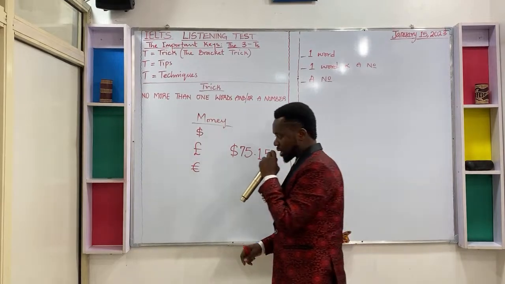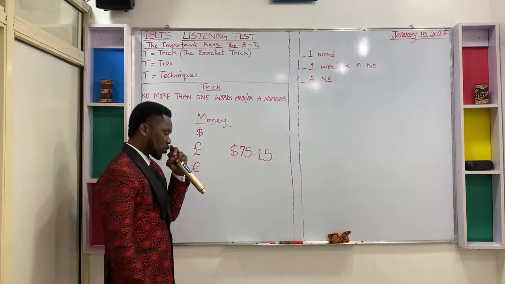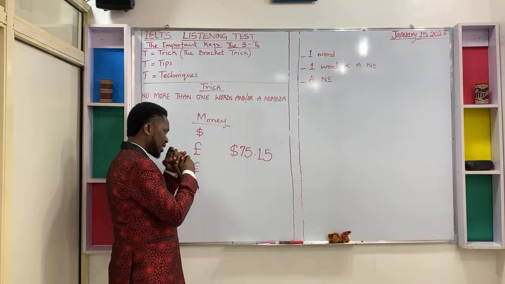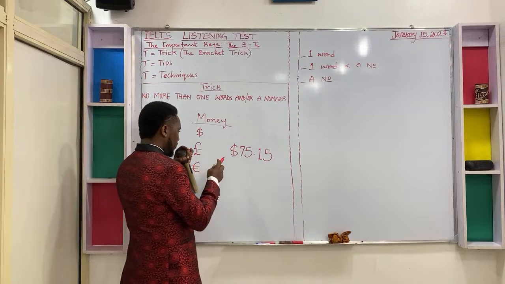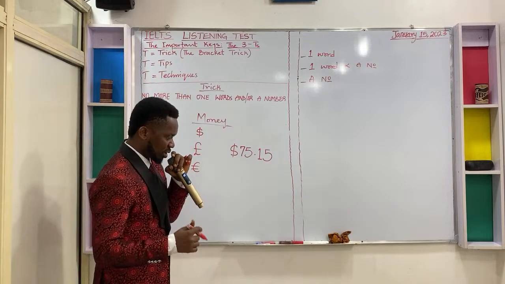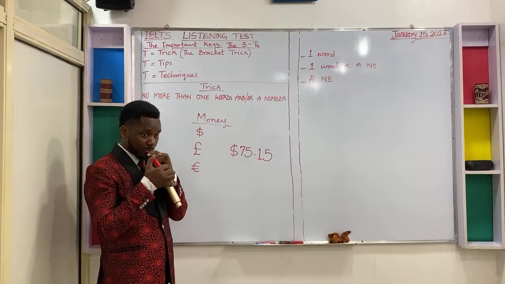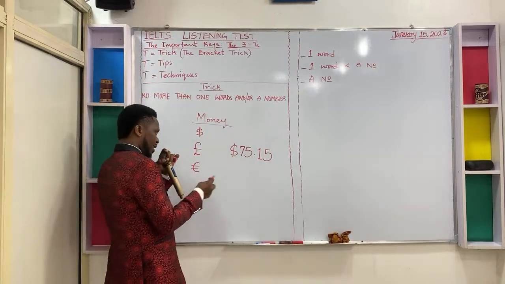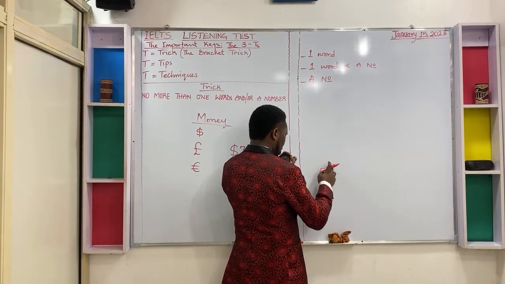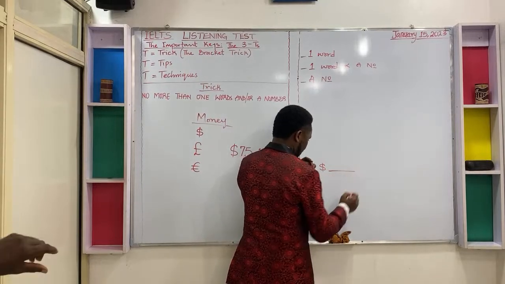So if the audio says, for those of you traveling from Massachusetts to Ohio during peak hours, your fee has increased slightly. It's now going for $75.15. Now, on your question paper, there is something like, your transport fare is now dash.